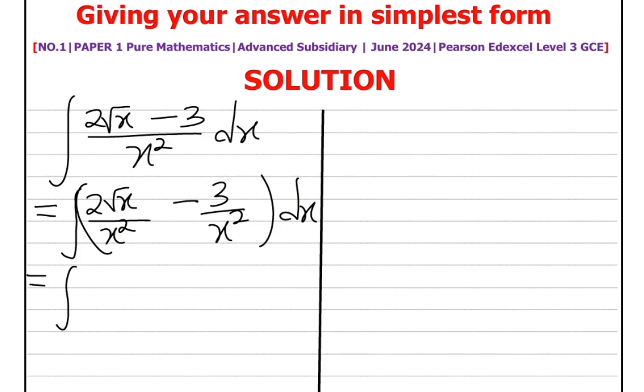The integral of 2x raised to the power of half. Root x is the same as x raised to the power of half. So we now have this divided by x squared. And we can write this in negative index form, we can have this to be 3x raised to the power of minus 2.